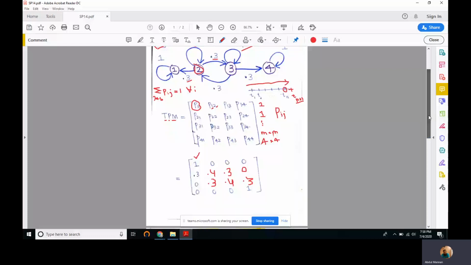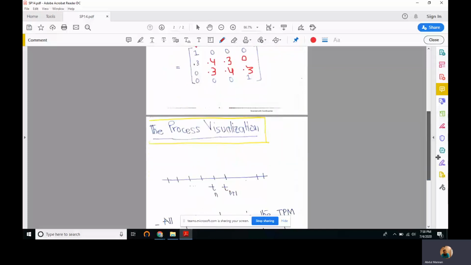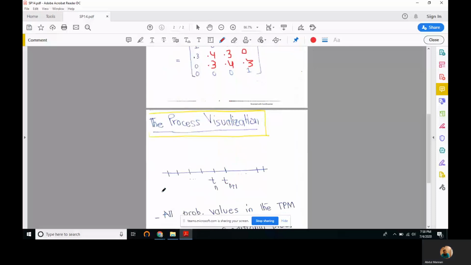The process visualization is that if I am at state 1, I will be at state 1 at n plus 1, and I will remain at state 1 for all times to come.